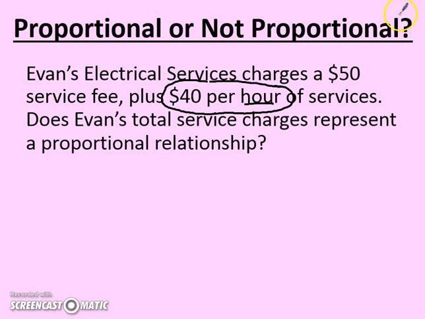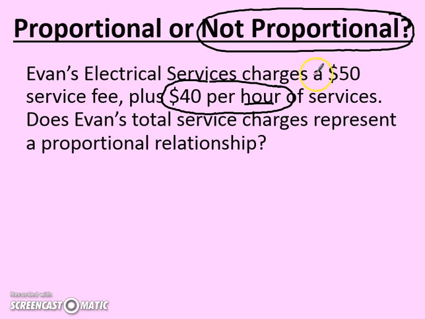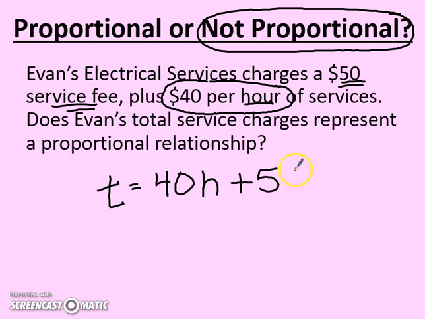However, this is actually a non-proportional relationship because it starts with a $50 service fee. So the total charge is $40 for each hour, so 40 times each, plus $50 more. So because it has this addition, it is not proportional because it has a starting value.